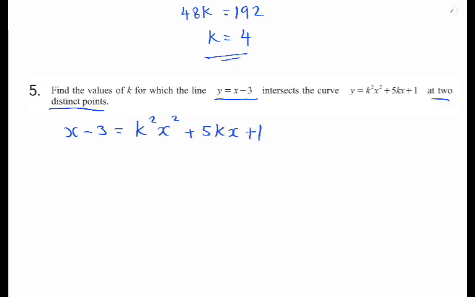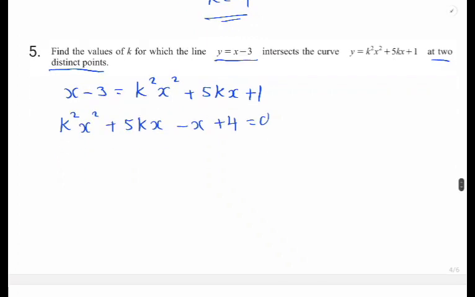So I bring all to one side. So that means I have k squared x squared plus 5kx minus x, plus 4 equals to 0. That means I bring all to one side, the right hand side.